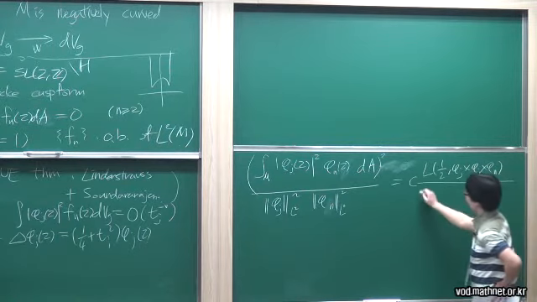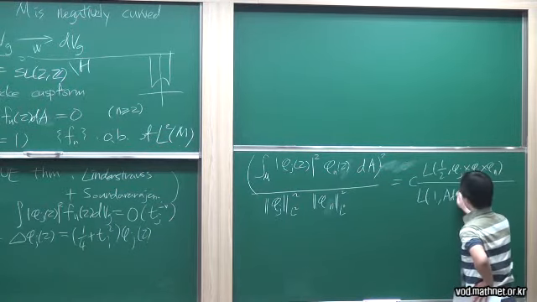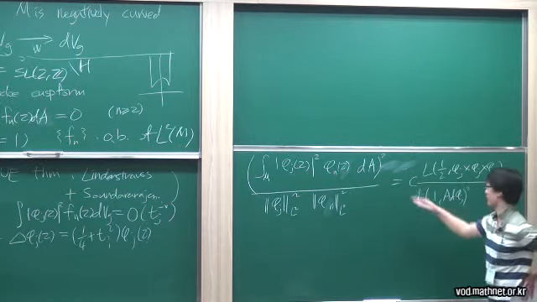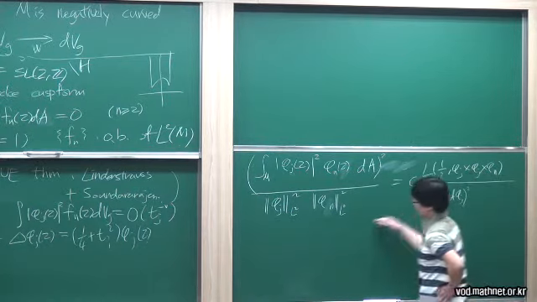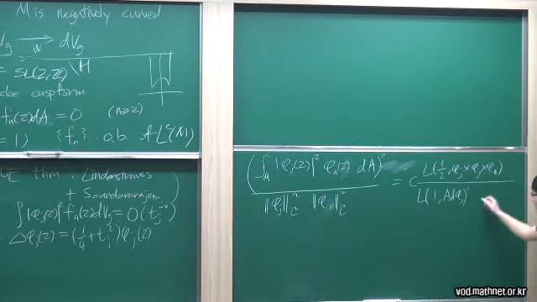And you have to divide this by the adjoint L-function associated to each Maass form. So this normalization basically amounts to this normalization on the left-hand side.